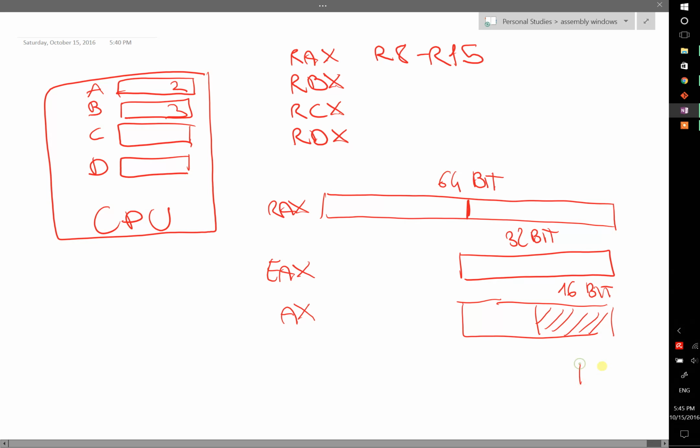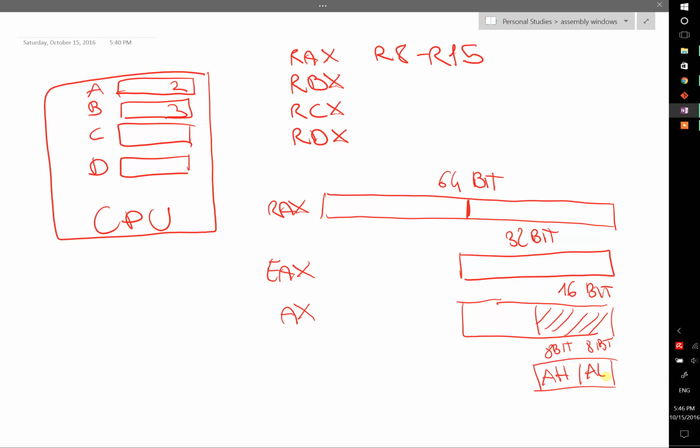And then we can also access the low byte and the high byte, so 8 bits each. We can do that using AH for high and AL for low, right? That's true for all the others. So RBX is the same. You have EBX, BX, BH, and so on, right?